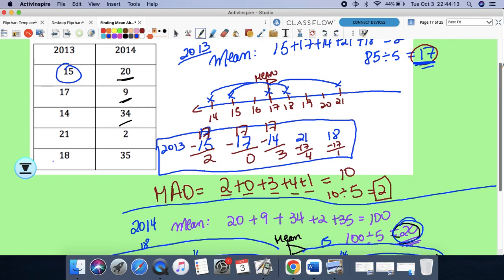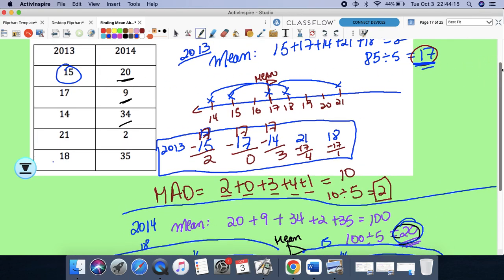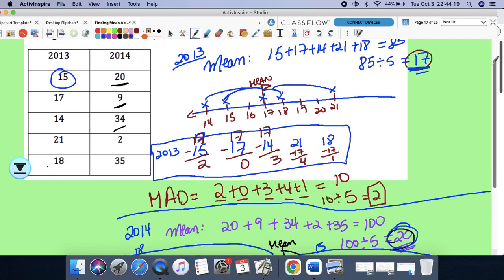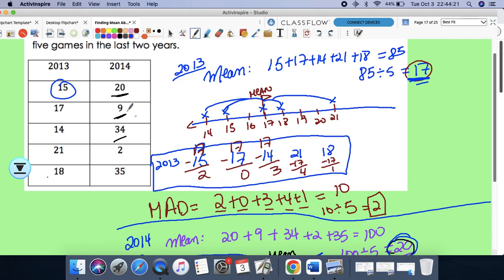Okay, so now the question says, there is no question, well, I'm asking you, which is the better player, the player from 2013 or the player in 2014? The player in 2013, every time he came, he gave you 14 points, 17 points, 15, all the numbers were the same.